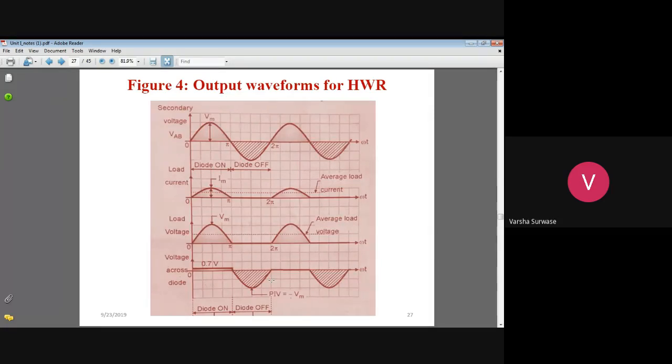Now see the definition: peak inverse voltage is the maximum reverse voltage that a diode can withstand without getting damaged. It means when we are applying a reverse voltage, the diode should not get damaged. That much voltage only you have to apply to the diode. So peak inverse voltage will be equal to minus Vm when the diode is not conducting.